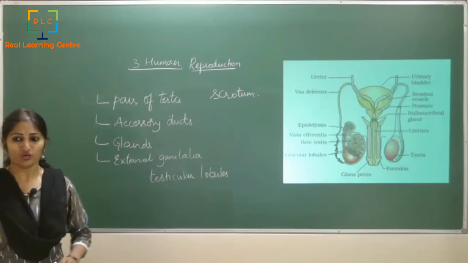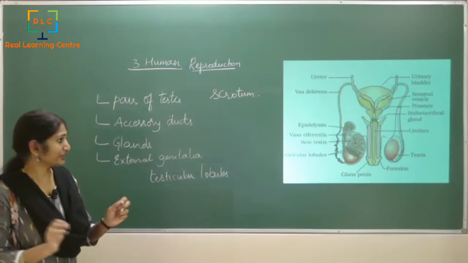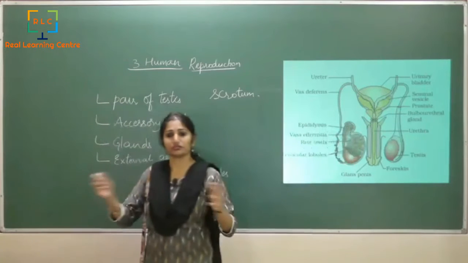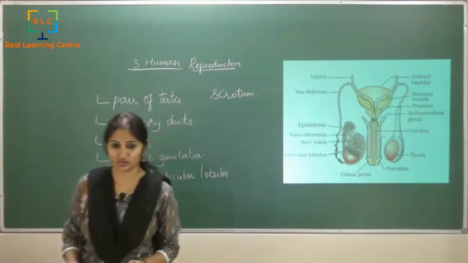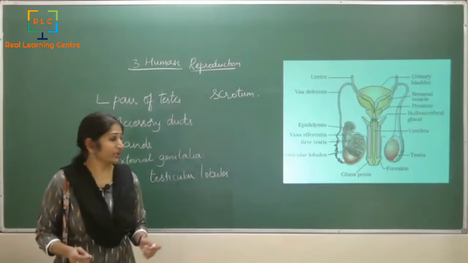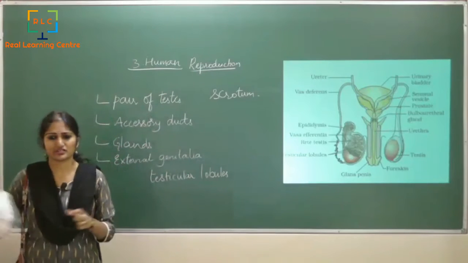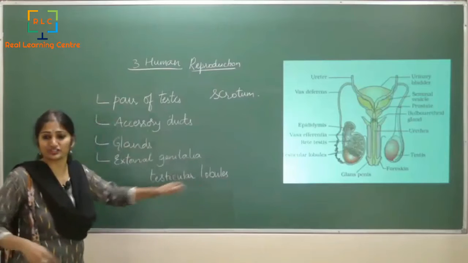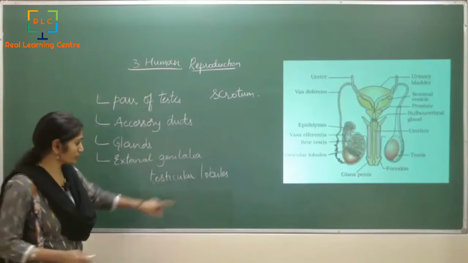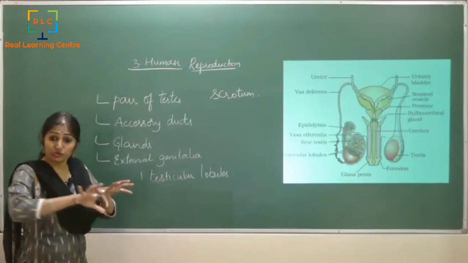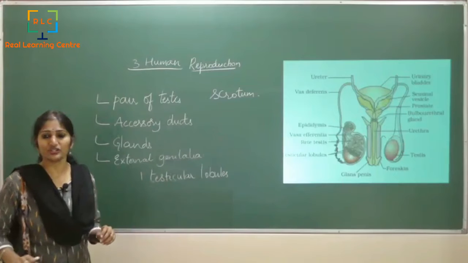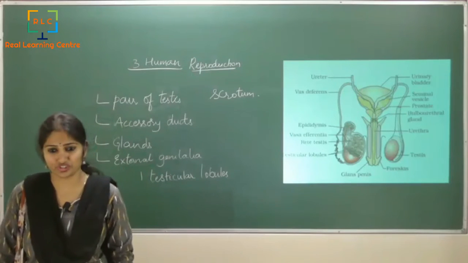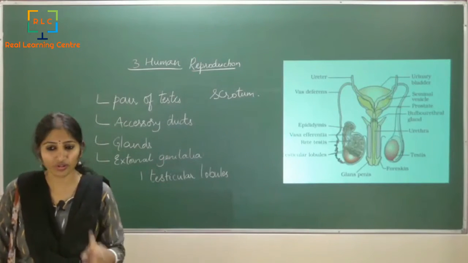Now if you take one of these lobules and magnify it, you see that these look like some kind of coiled structures. Let me write it here itself. If I take one testicular lobule and magnify it, I see different types of tube-like structures.